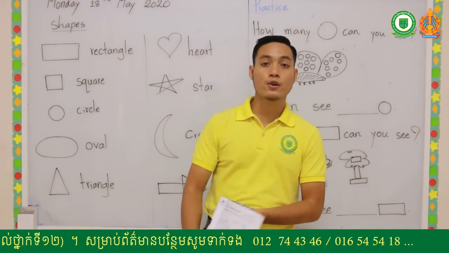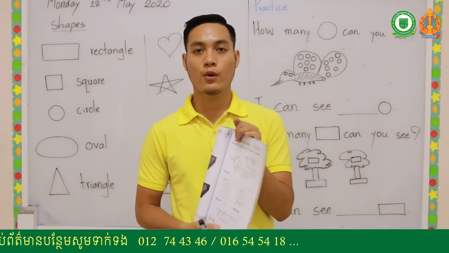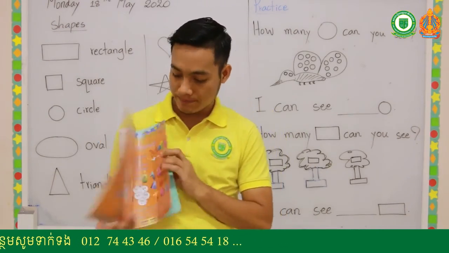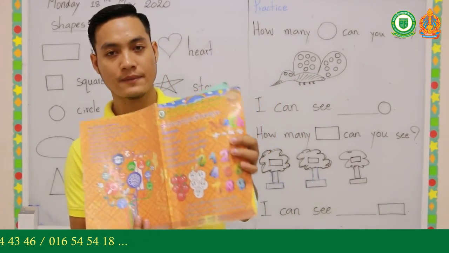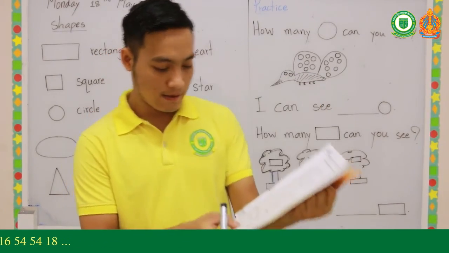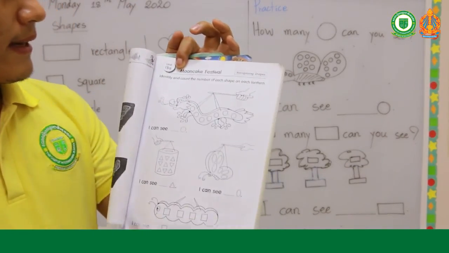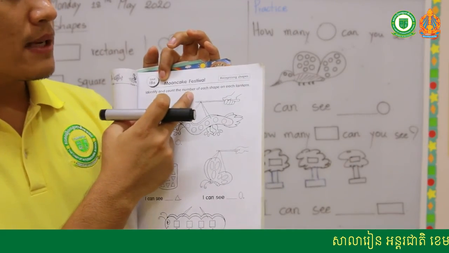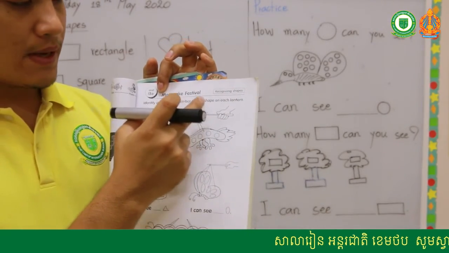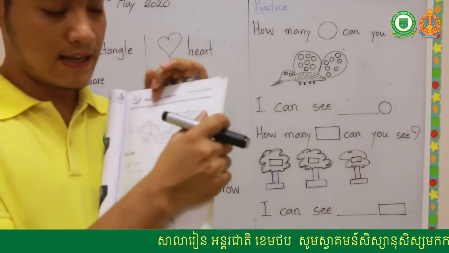And before saying goodbye from our class, I have one more homework for you. It is in your K to B maths, the orange one. So please open page 53. This is your homework: identify and count the number of each shape on each lantern.